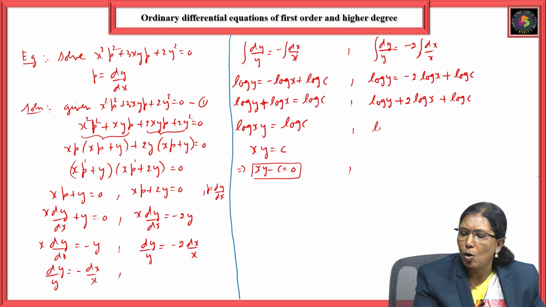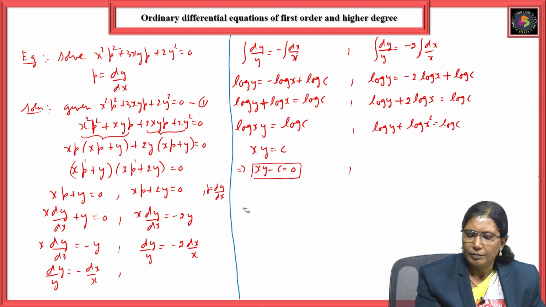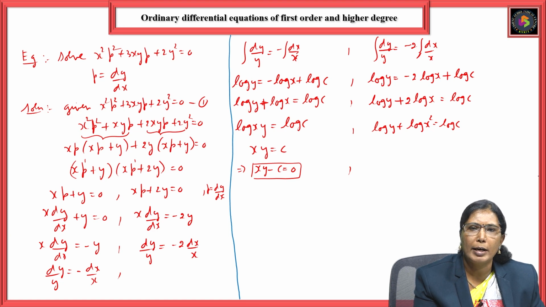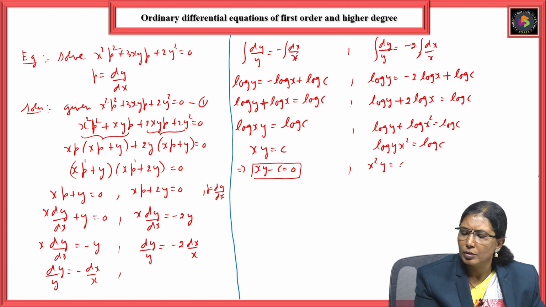Apply the laws of log: log y plus log x square is equal to log c, which is log of y into x square is equal to log c. Remove log on both sides, you get x square y is equal to c. So this implies x square y minus c is equal to 0.